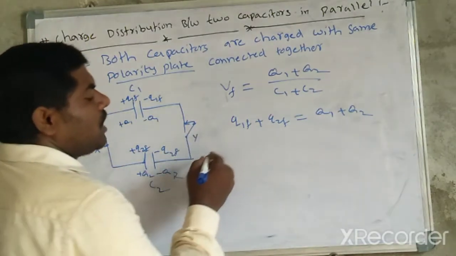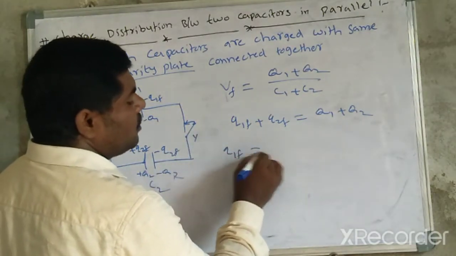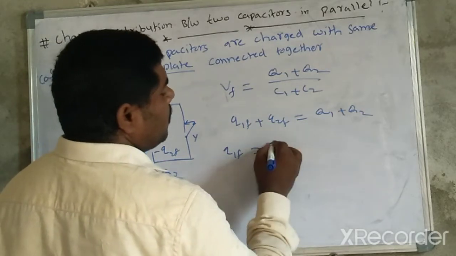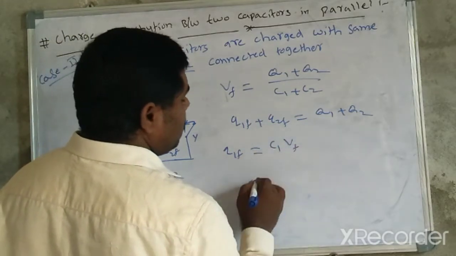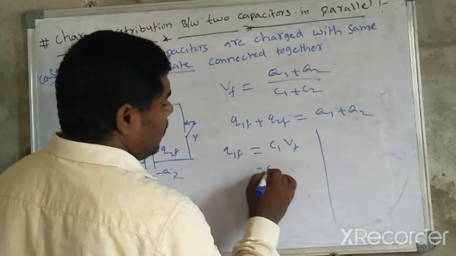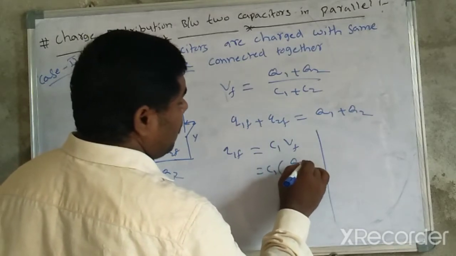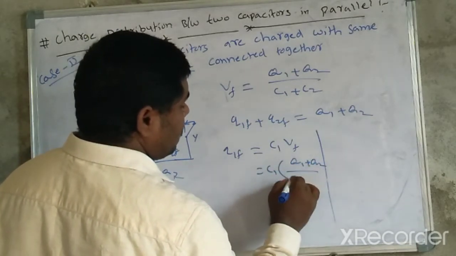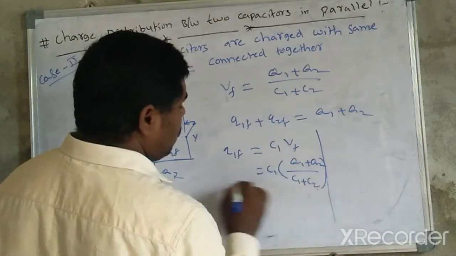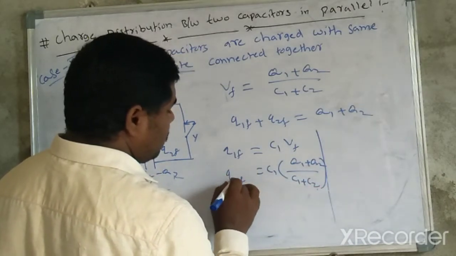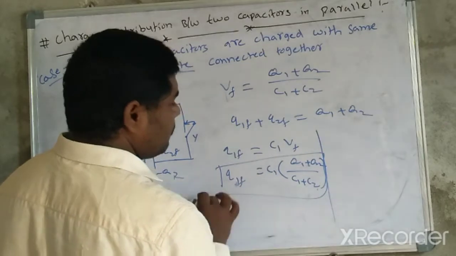The charge Q1 final is equal to C1 into V final, so C1 into Q1 plus Q2 divided by C1 plus C2. This is the Q1 final value.